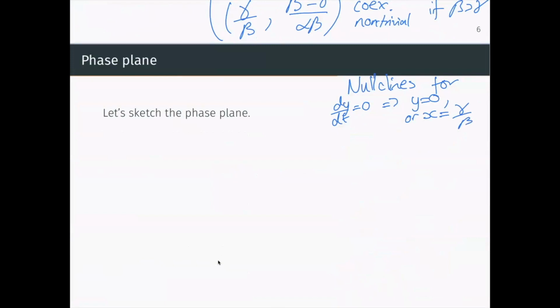So we have two more null lines here, and these are both straight lines. y equal to 0 is a horizontal null line along the x-axis, and x equal to gamma over beta is a vertical line.